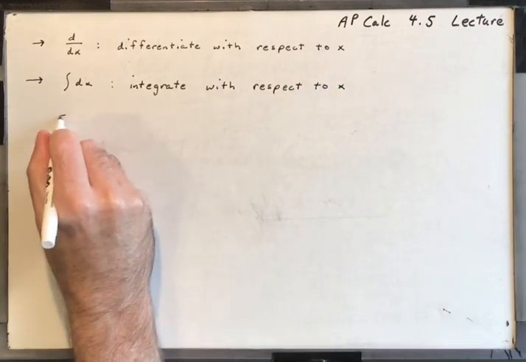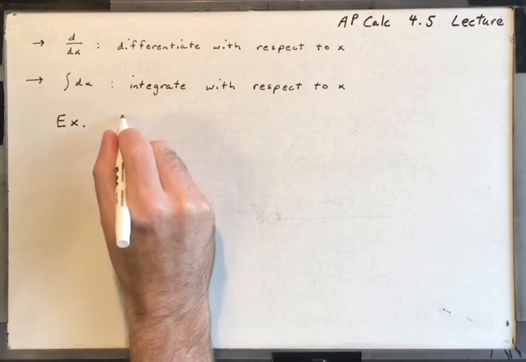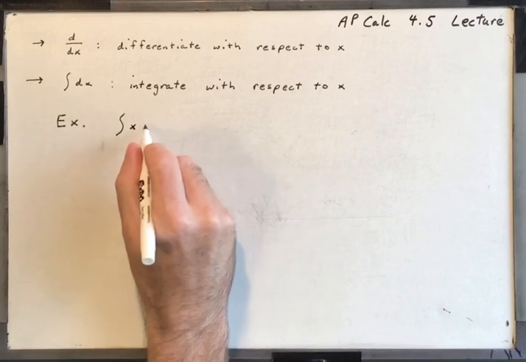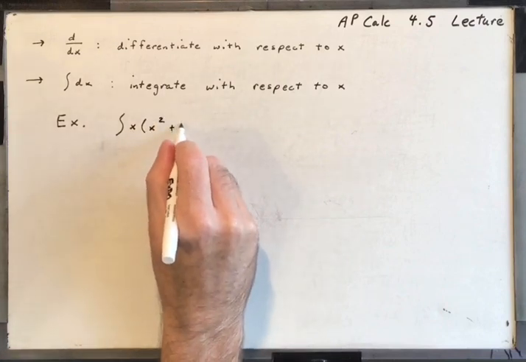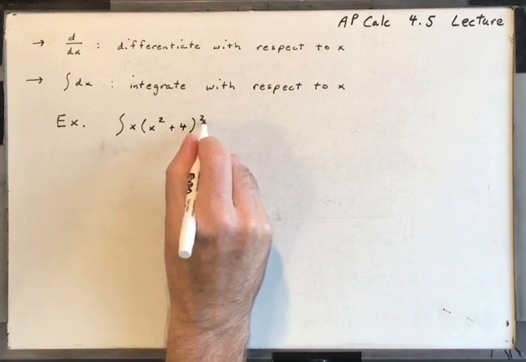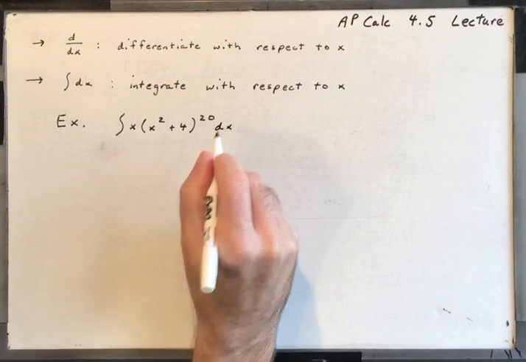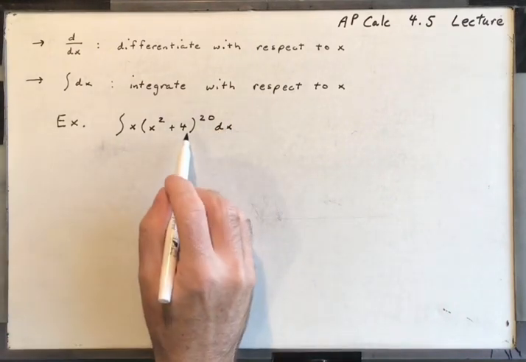Okay, let's do our first substitution example. All right. We're going to integrate x times x squared plus 4 to the 20th dx. Okay, so listen close. This is what you want to do.